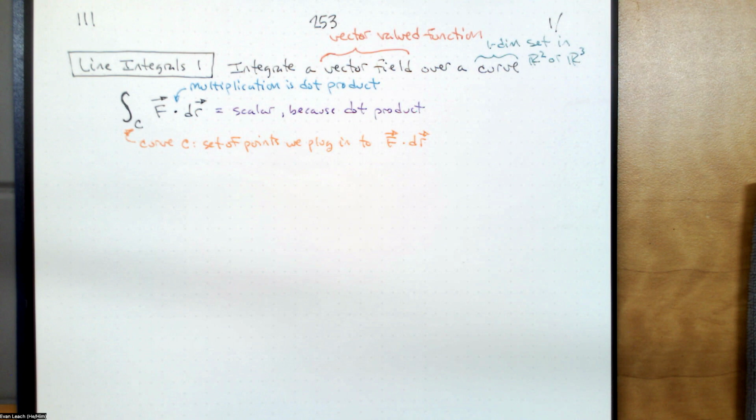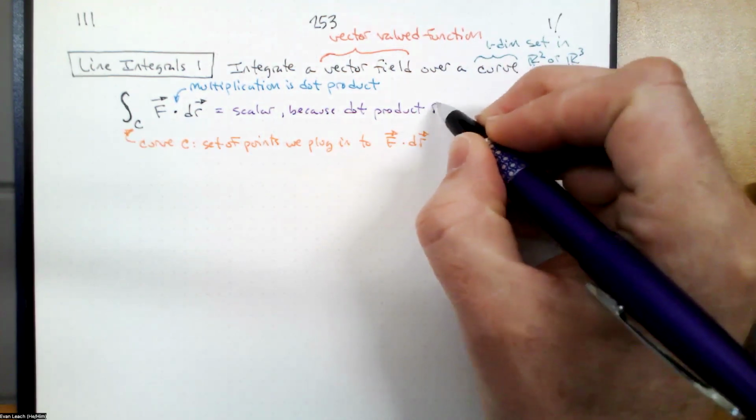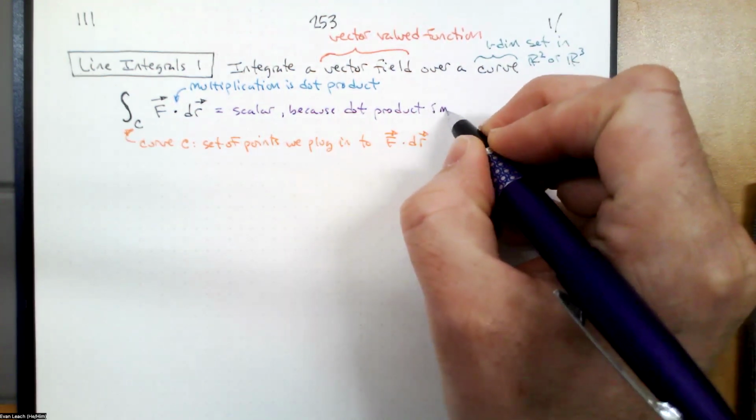Do we get 100% of the product, 0% of the product, negative 100% of the product, as theta goes from 0 to 180? So the dot product is just multiplication at an angle, and that's the new thing that we've added here.